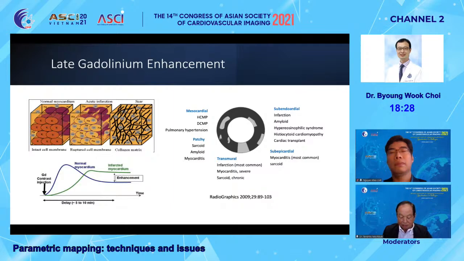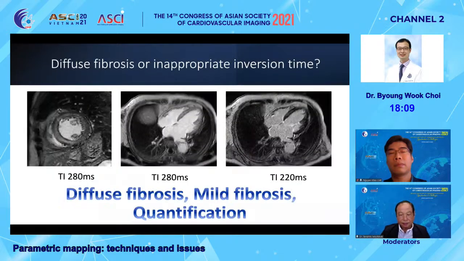Cardiomyopathy is a group of myocardial diseases with various etiology. Then myocardial tissue characterization with LGE has become an essential part to classify myocardial diseases, diagnose the etiology, and predict the patient's outcome.